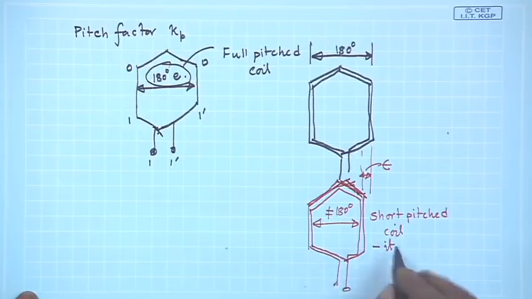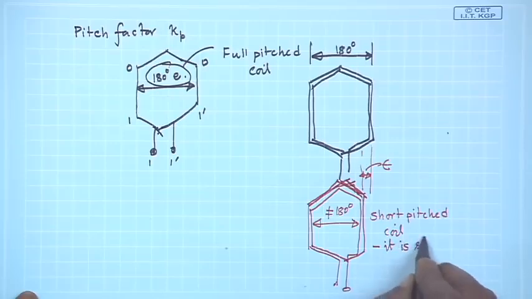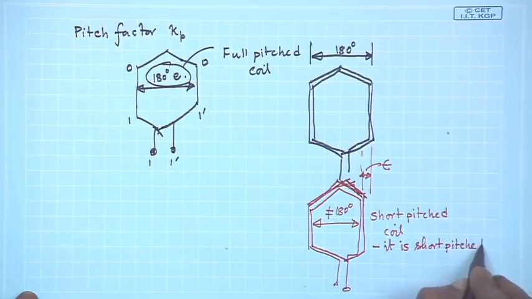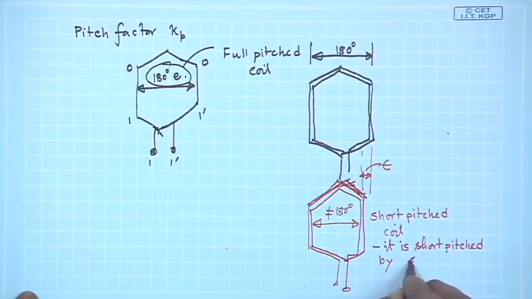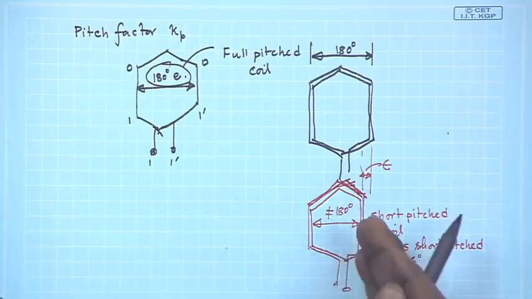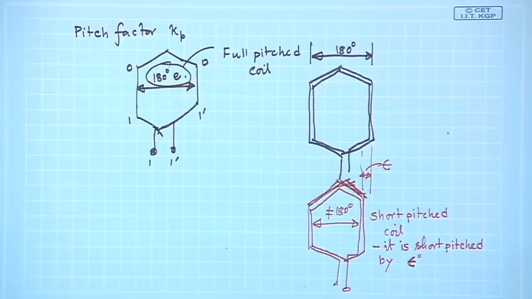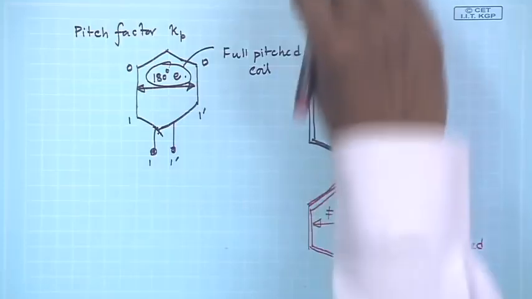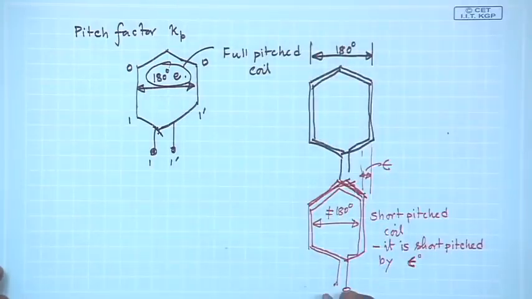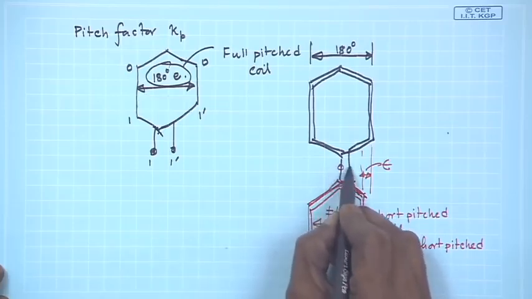People say these words, it is short pitched by epsilon degree. So, by what amount it falls short of 180 degree is the short pitch angle epsilon, and I am asked to find out what is the induced voltage between these two coils and compare it with this.